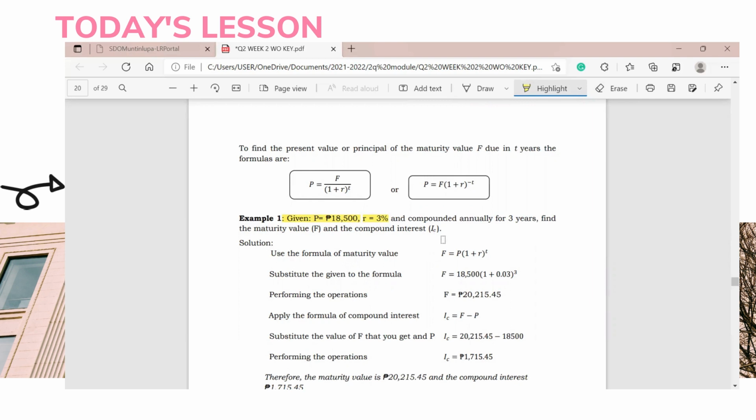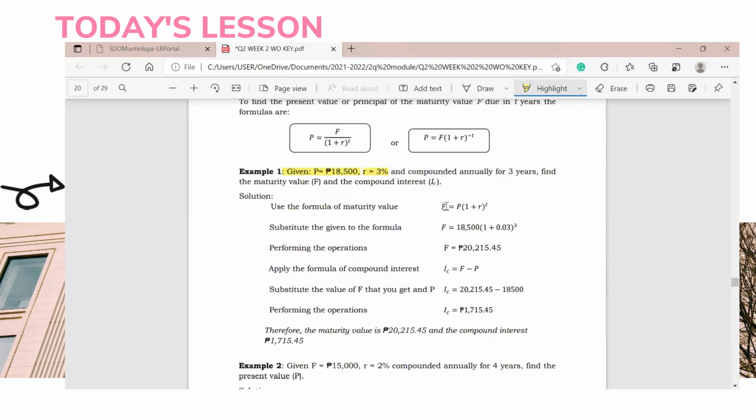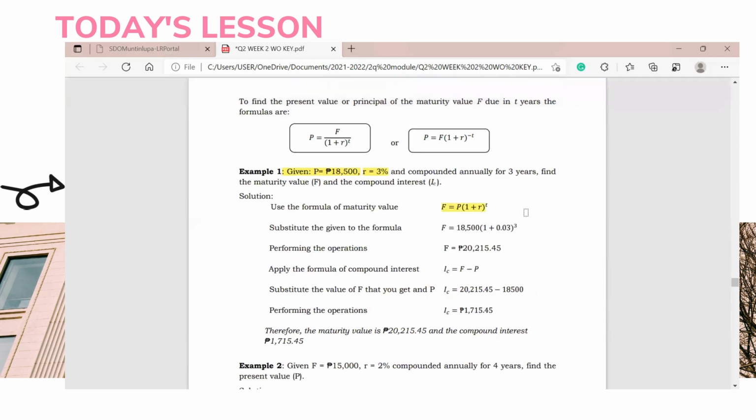First, we will use the future value formula: F is equal to P times 1 plus R raised to T. Substitute the given values to the formula. So we have 18,000 times 1 plus the rate 0.03, raised to 3.